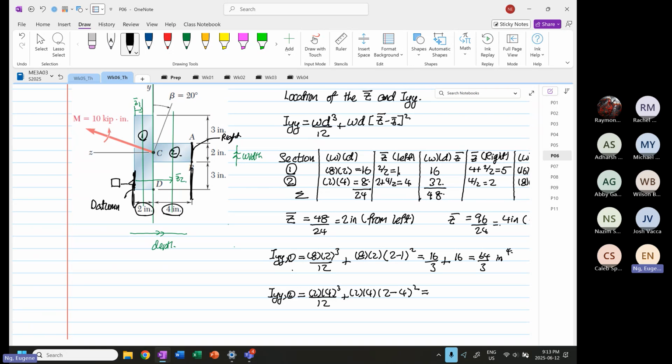So this will be equal to 2 times 4 power 3 divided by 12 is equal to 32 over 3 plus 2 squared times 2 times 4 is equal to 32. So 32 over 3 plus 32 is equal to 128 over 3.